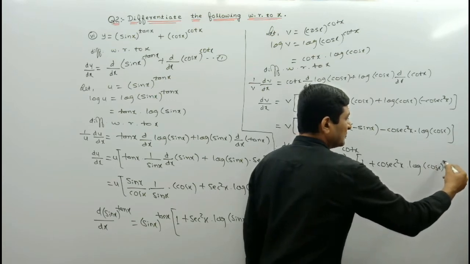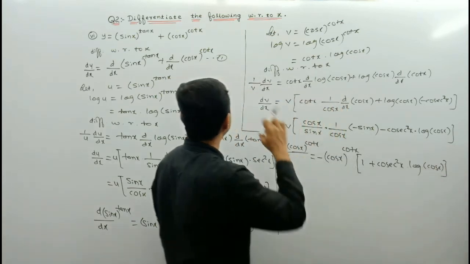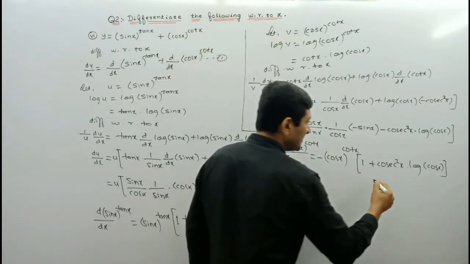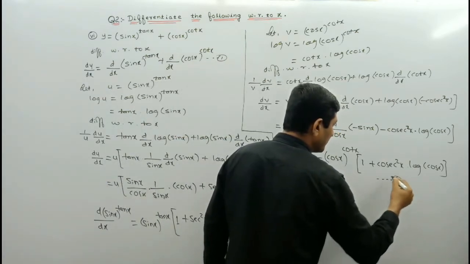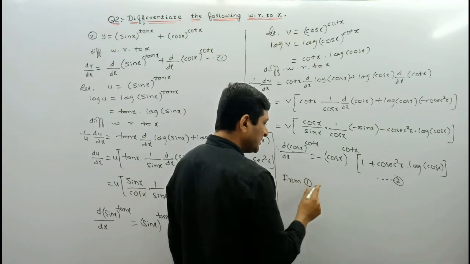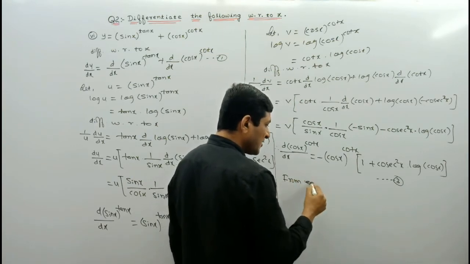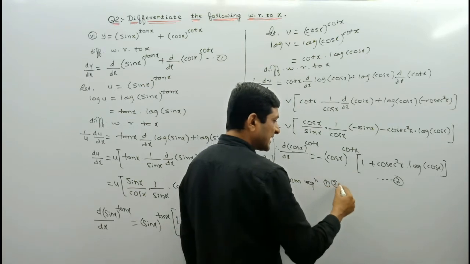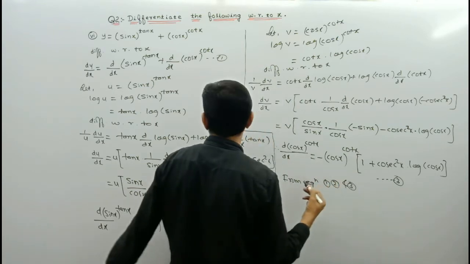In this way we have got the differentiation of the second function also. Let us denote this by equation number 3. Now we are substituting all these values in equation number first. So from equations first, second and third, let us see what we'll get here.